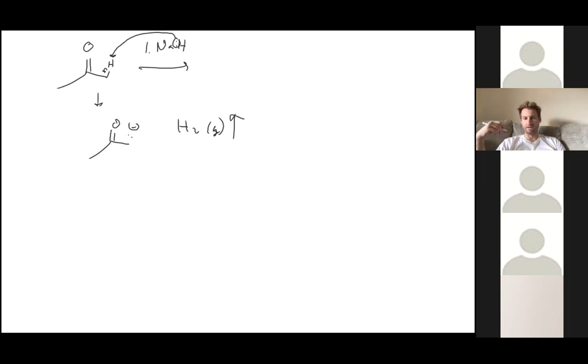It'll be gone. It won't be able to be reversed because it's no longer in your solution. So if you did this in two steps, where you first added NaH, and then as a second step, added an aldehyde, you could somewhat control your reaction. And you probably still end up with a mixture of the two products. I'm just going to draw the cross-coupling one.